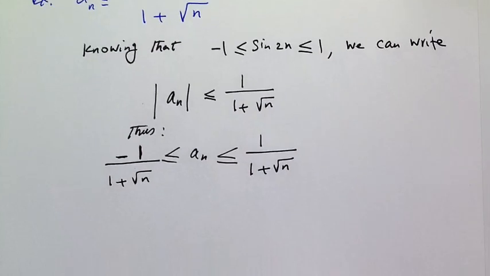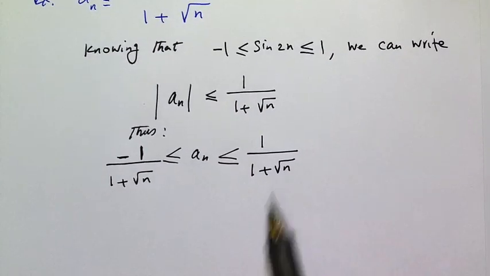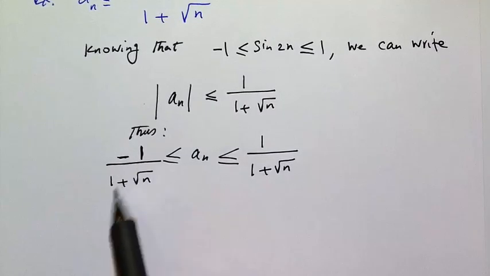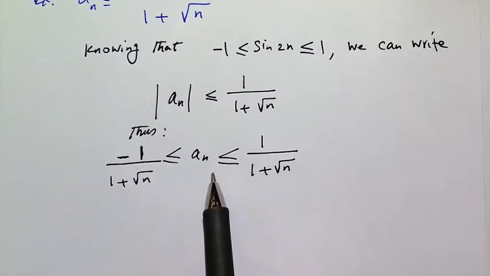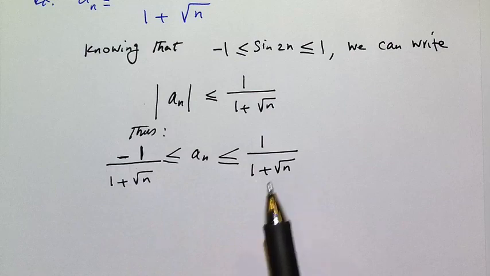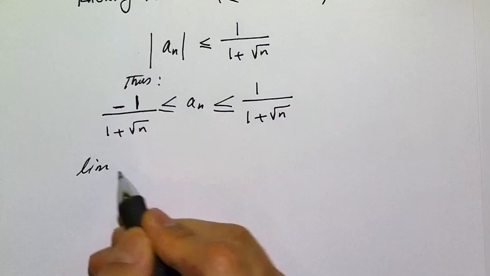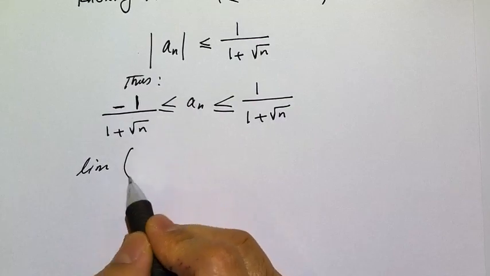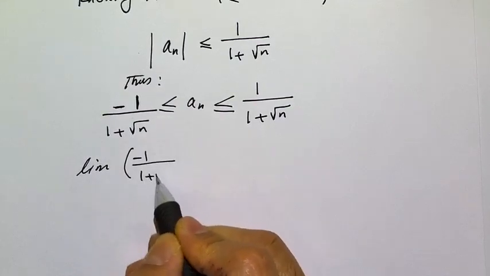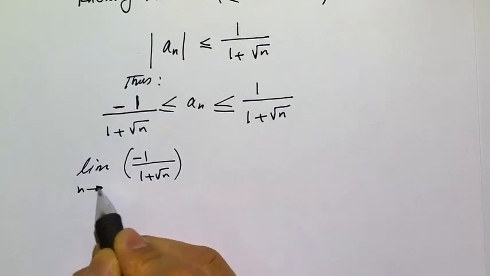Okay, so this one is really easy. If you take the limit of both sides, what will you get? Let's do that really quickly. The limit of the left side as n goes to infinity.